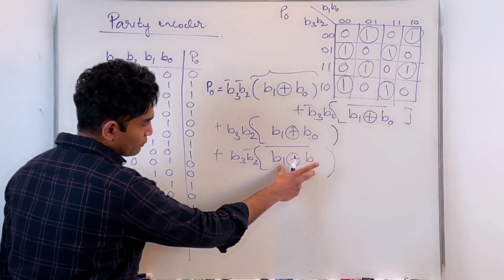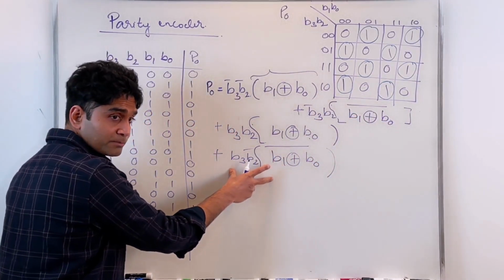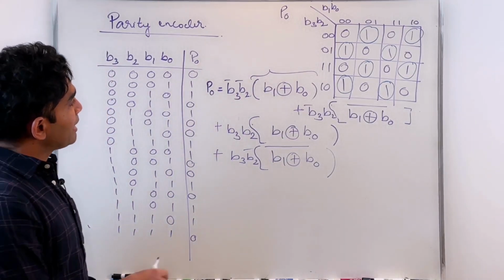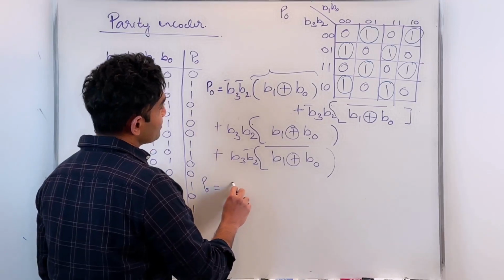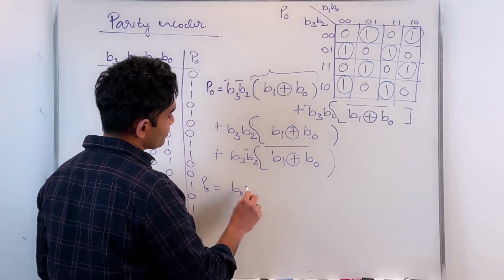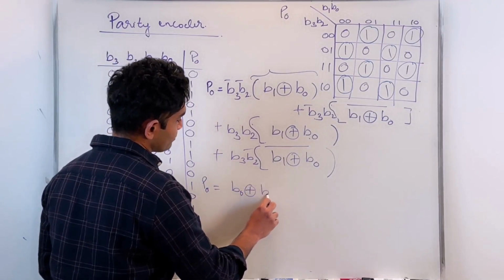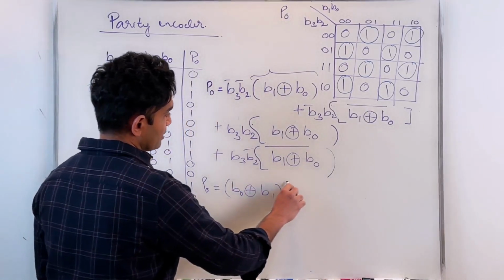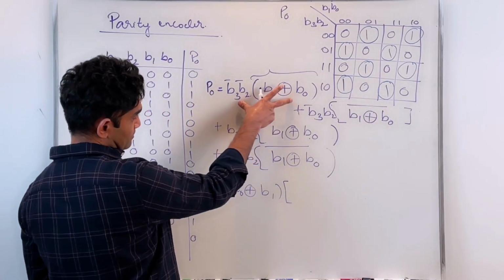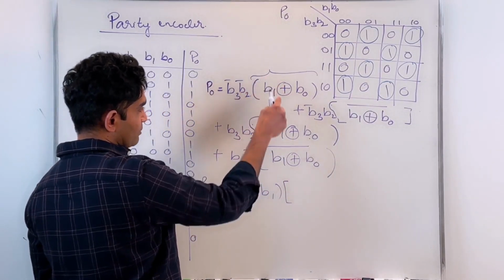I have B1 exclusive NOR B0 also in this expression. Right? So what I will do is take B1 exclusive OR B0. I can write this as B1 exclusive OR B0 or B0 exclusive OR B1. Either way, it's the same thing. I take this as a common factor and combine this term that I have here with this term.